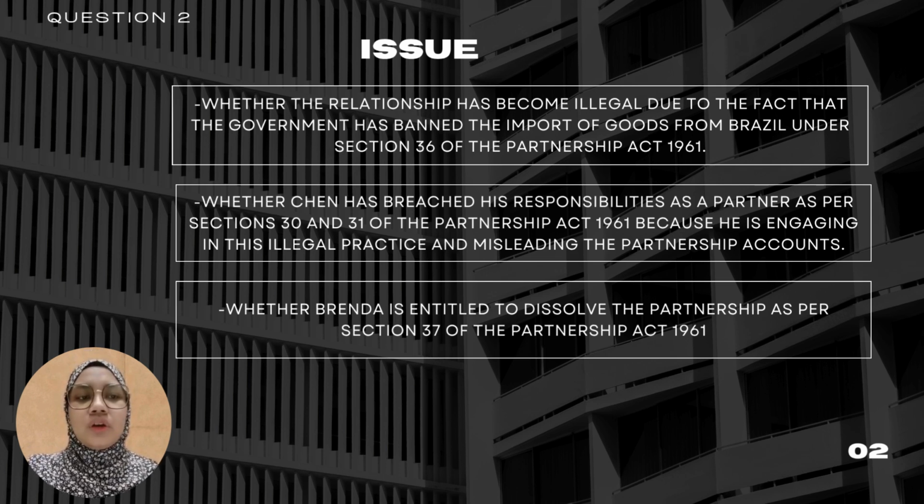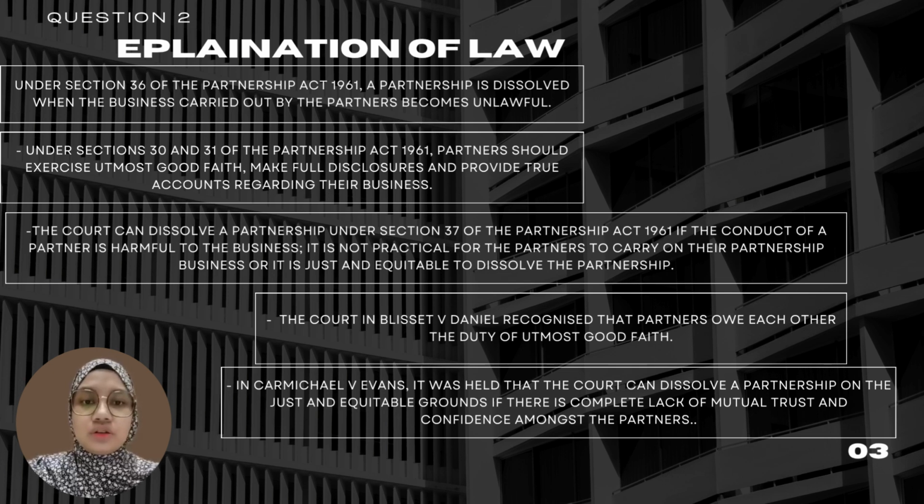The issue here is whether there is a violation in the partnership agreement due to the government's ban on importing goods from Brazil pursuant to Section 36 of the Partnership Act 1961, whether Chen breached the responsibility of a partner pursuant to Sections 30 and 31 of the Partnership Act 1961 through his illegal dealing and alteration of the account of the partnership, and whether Brenda has the right to dissolve the partnership pursuant to Section 37 of the Partnership Act 1961. Explanation of law.